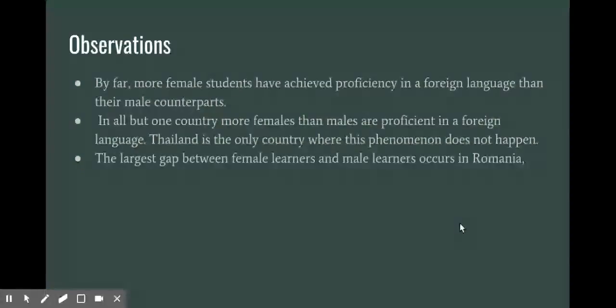And then the largest gap between female and male learners occurs in Romania, the country where you have the biggest difference between female and male students. So you see there are no numbers here because I'm making these overall observations. I'm not just reading the graph or the chart and telling you what it says. When you make the data observations, you're reading the chart or the graph. But to get a 7, you want to make non-data observations.